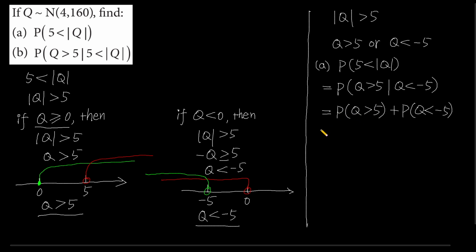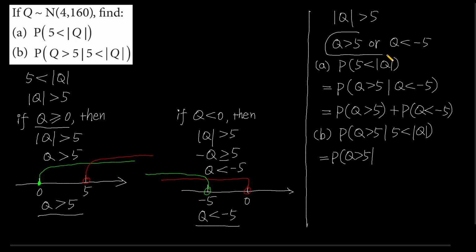And for question B, the probability that Q is bigger than 5 or 5 is smaller than the absolute value of Q. This equals the probability that Q is bigger than 5 or we use this to replace 5 smaller than the absolute value of Q. So here is Q bigger than 5 or Q smaller than -5.